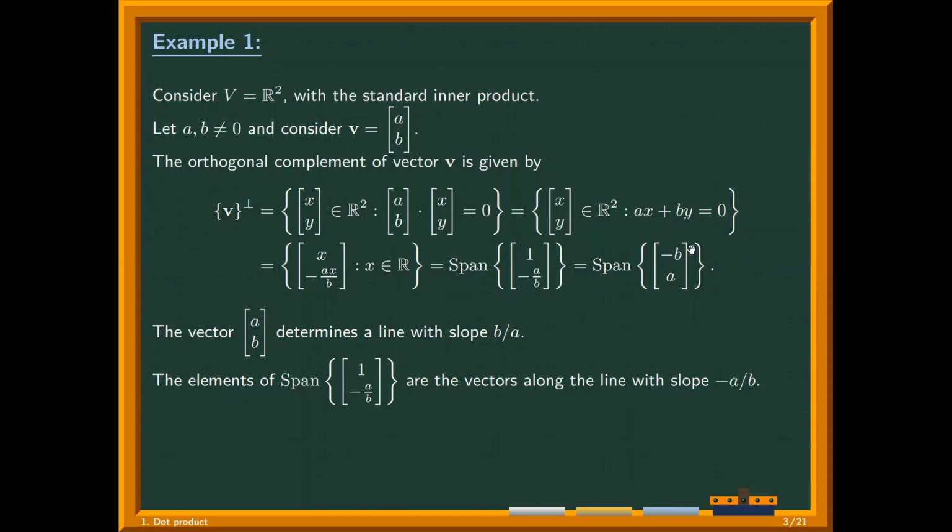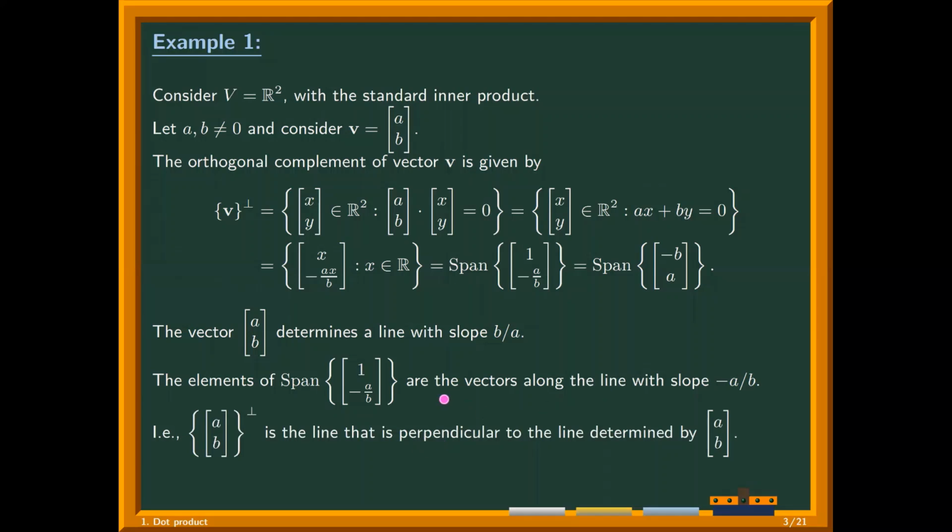And that equation defines a line in R2 with slope negative a over b. In other words, the orthogonal complement of v is the line that is perpendicular to the line determined by the vector (a, b).